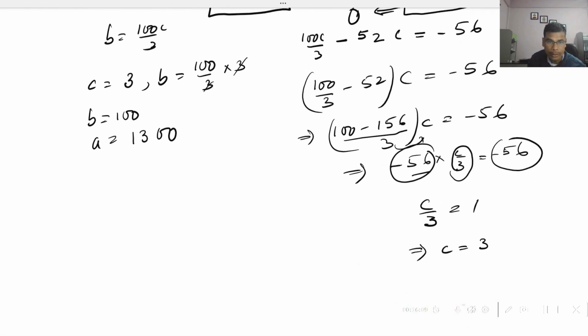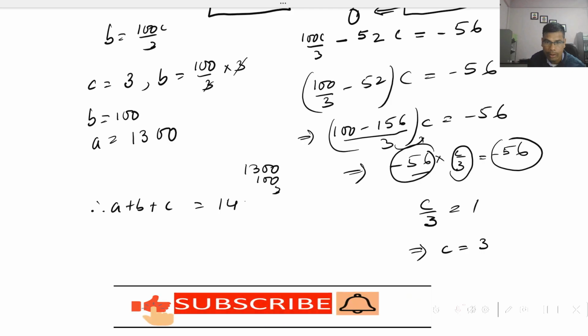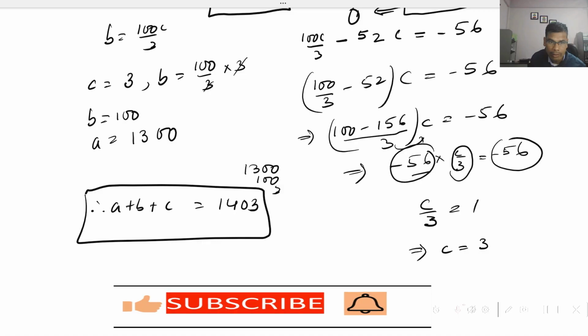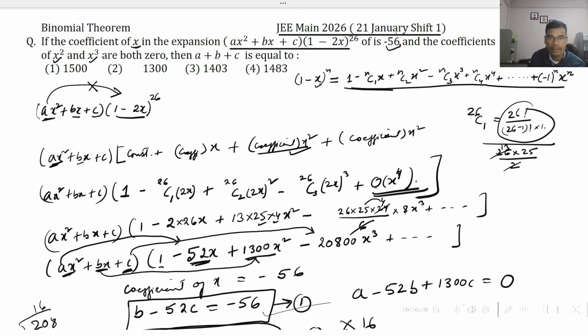So we need to find the value of a plus b plus c, which is equal to 1300 plus 100 plus 3, which is equal to 1403. So this is the required value, which is the third option.